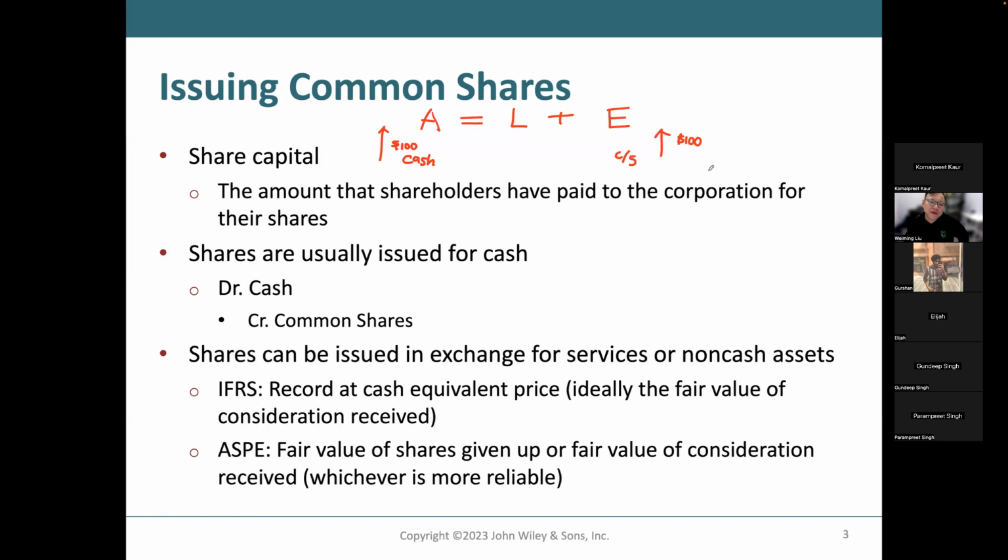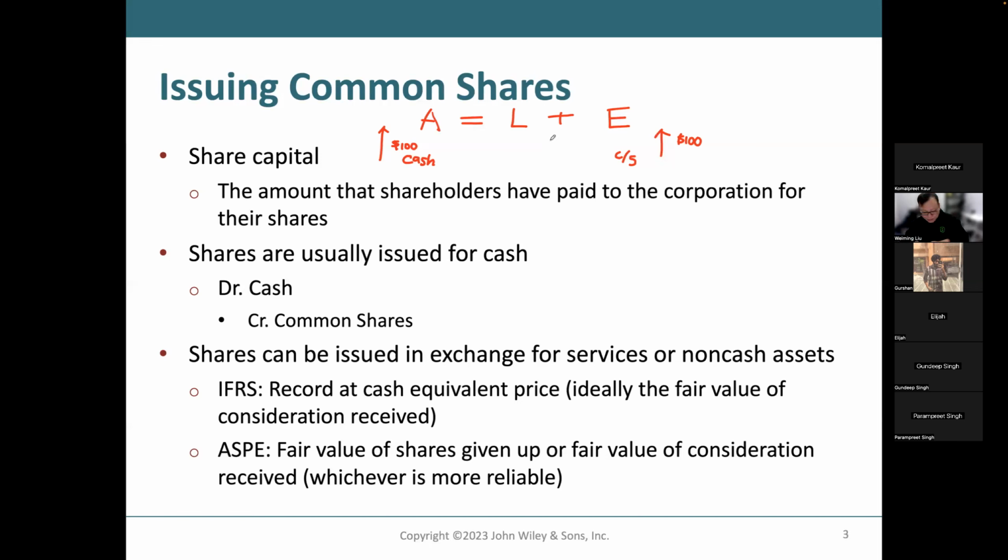So how do we use accounting language to record this transaction? Basically, we use the double entry system. What we are doing is saying left and right.